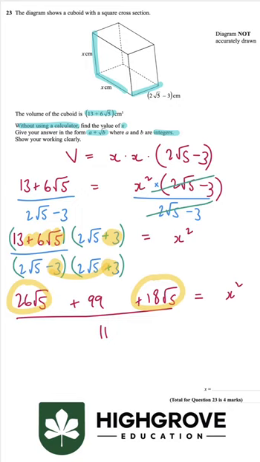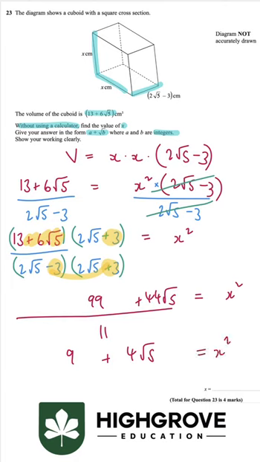So that's 44 lots of root 5 when we simplify. Okay, what do we do next? Well, we can divide 99 by 11, and we can divide 44 by 11. So that gives me 9 plus 4 root 5 equals x squared.